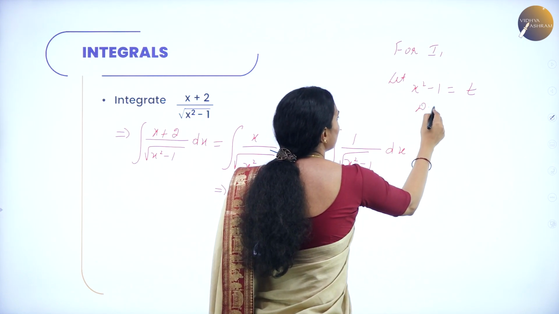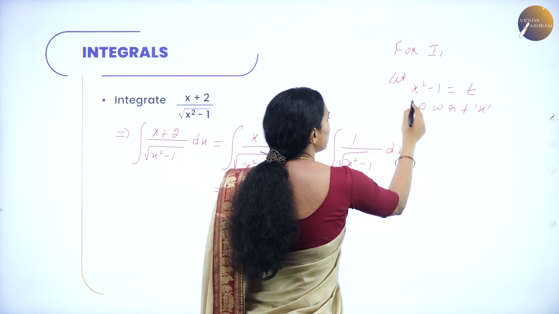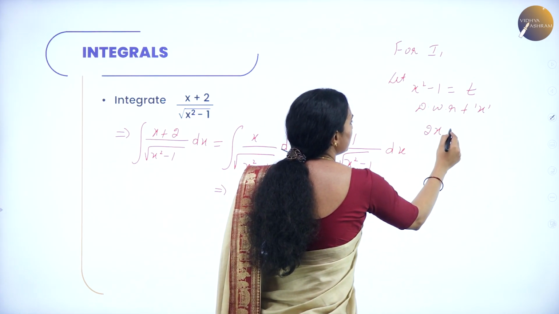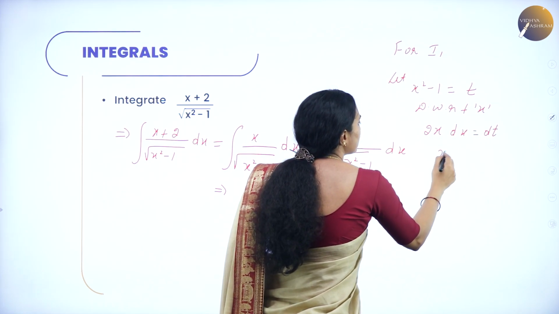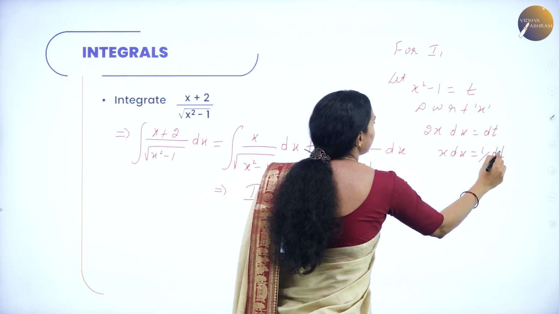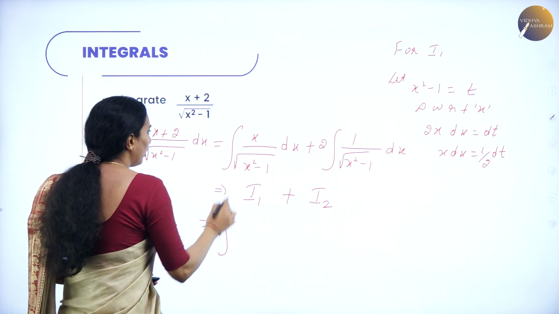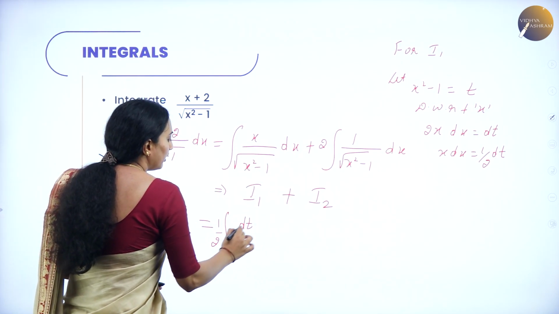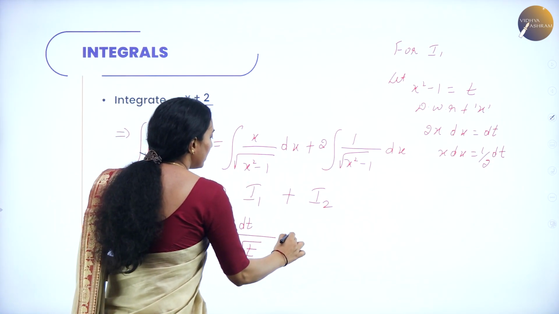Now differentiate this with respect to x: differentiation of x squared is 2x, minus differentiation of 1 is 0, into dx is equal to dt. Otherwise, x dx is equal to 1 by 2 into dt. Therefore, writing accordingly, I1 is the integral of 1 by 2 into dt divided by under the root of t, plus I2.